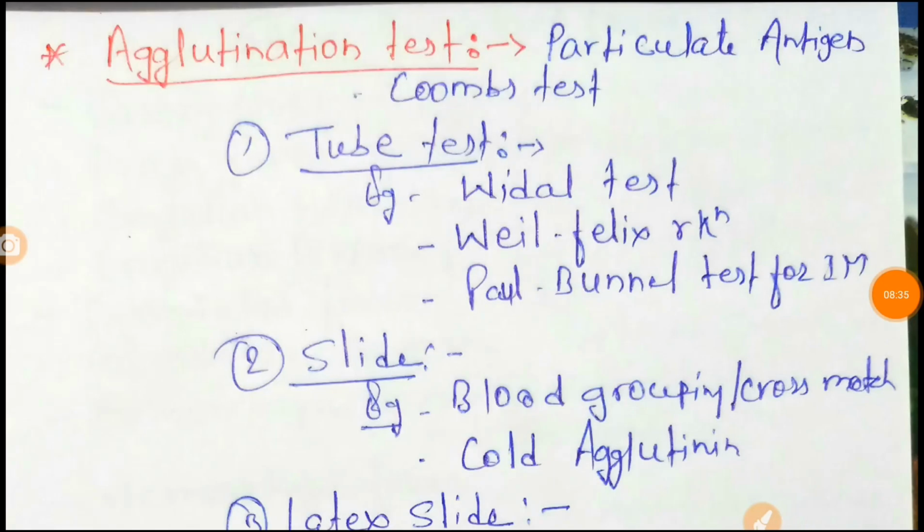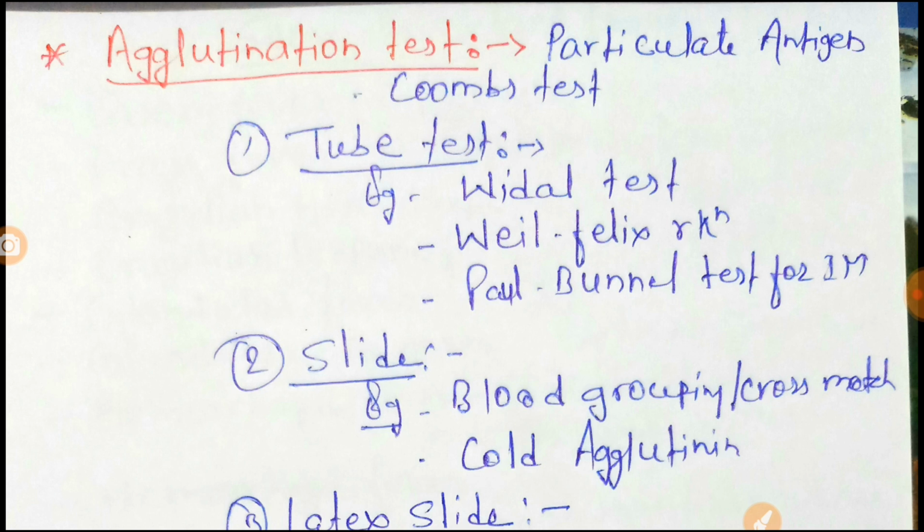Next topic is the agglutination test. In the agglutination test, a particulate antigen is used. An example is the Coombs test. The types include the tube agglutination test.